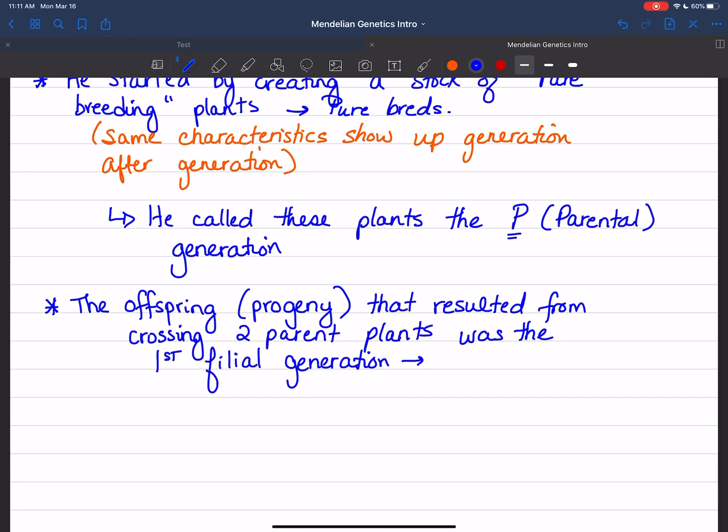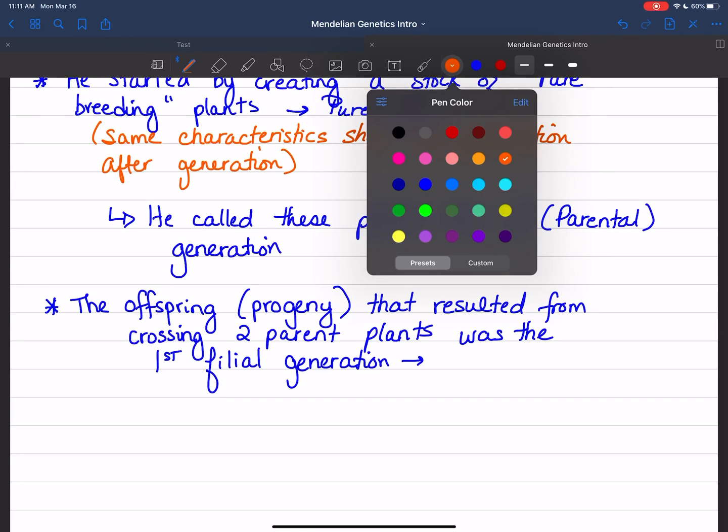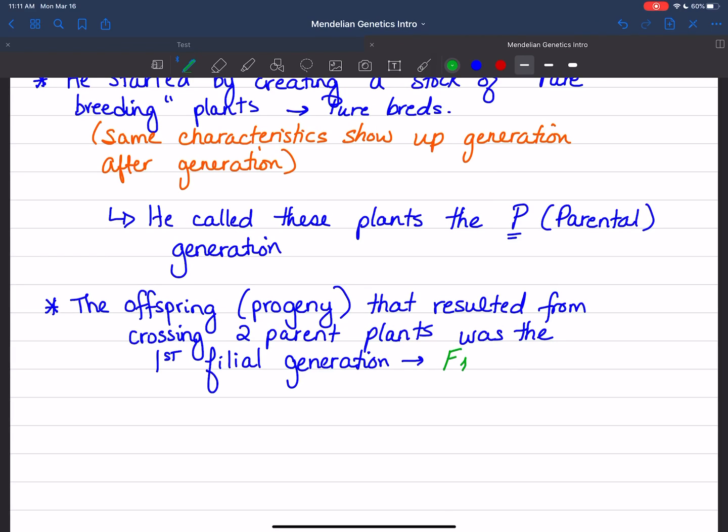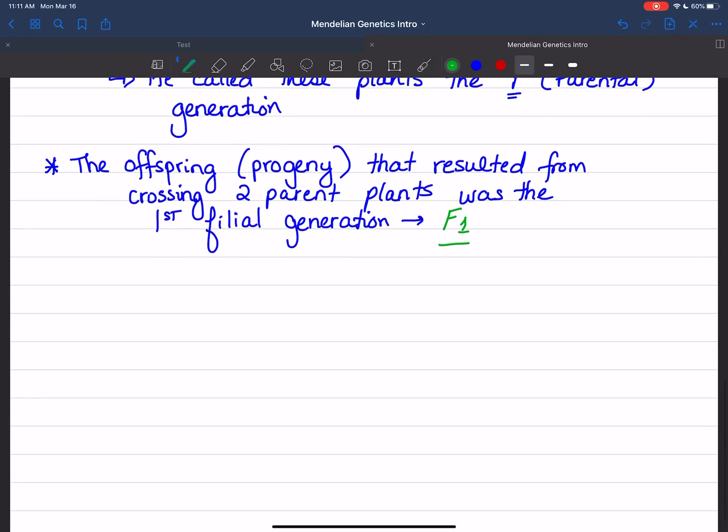The first filial generation is also known as the F1 generation. Fili in Latin means offspring, and so that's where the filial comes from. Okay, so it was the F1.